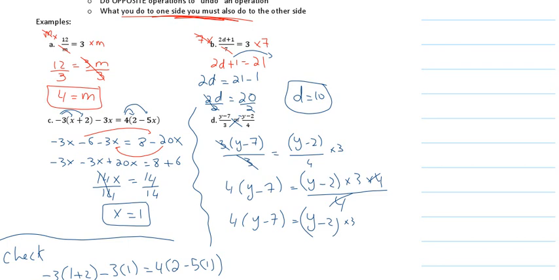That works if you have division on both sides, but the division has to be all over. You can't cross multiply if you have something like this. The division has to be over the whole thing.